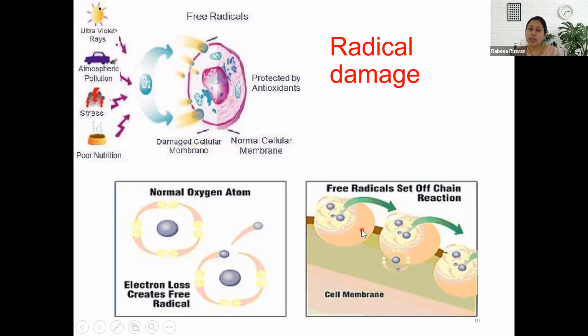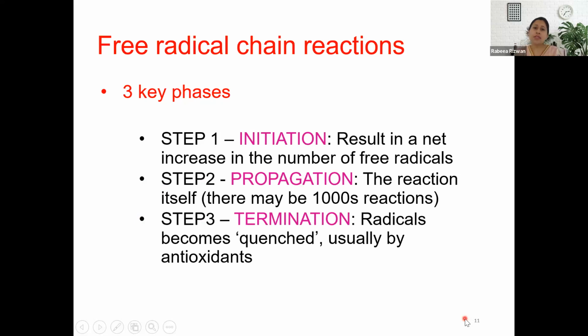So in this way, a reaction occurs in the form of a chain, and it is called a chain reaction. This chain reaction has 3 steps called initiation, propagation, and termination. Initiation means the start of this oxidative damage or chain reaction, by getting exposed to free radicals.